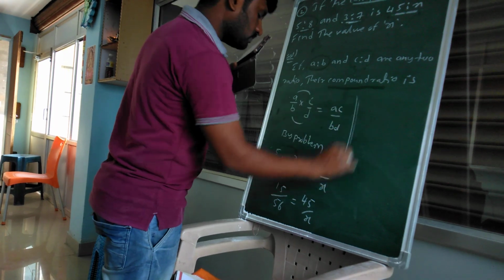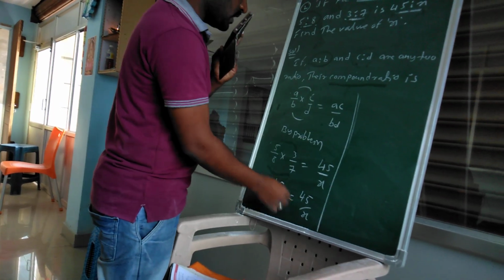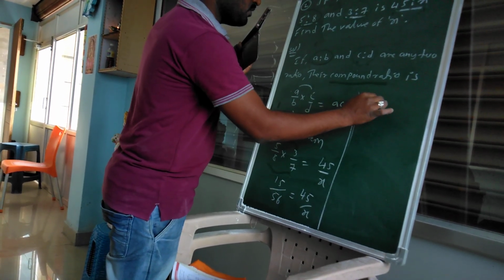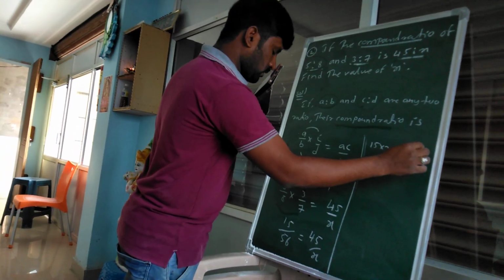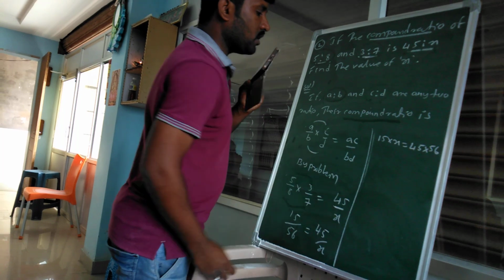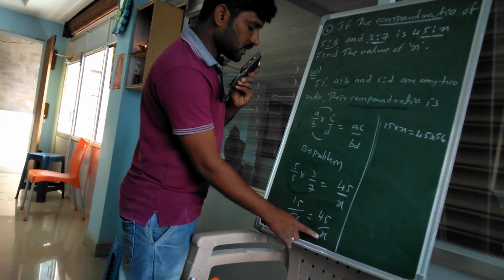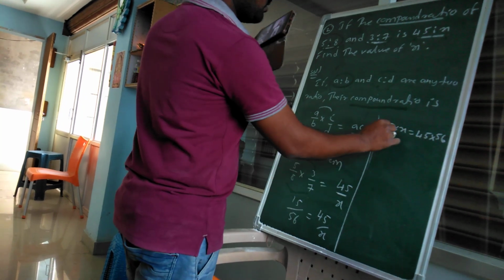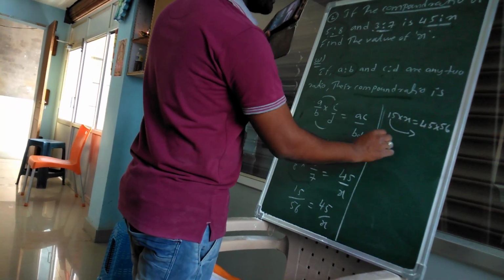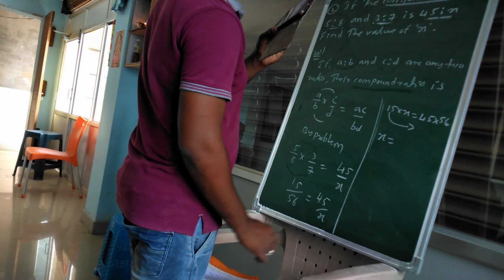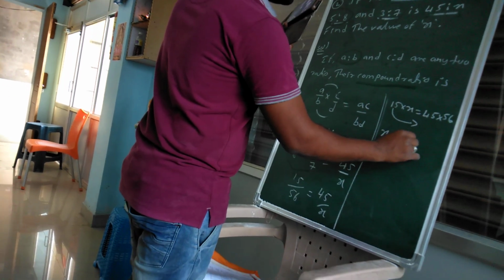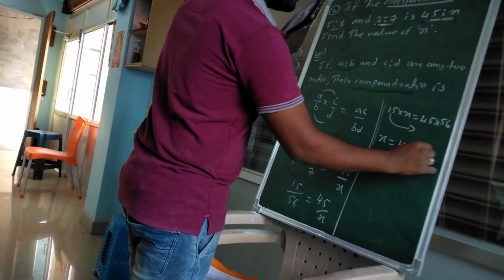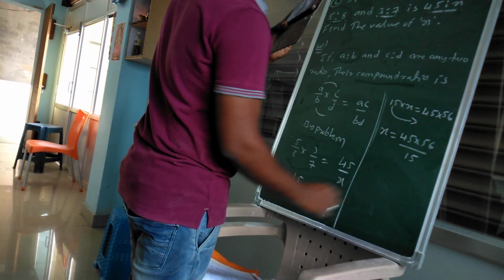Now, doing cross multiplication, we will get 15 into x is equal to 45 into 56. Okay, now transposing 15 to the RHS, that is x is equal to 45 into 56 by 15.